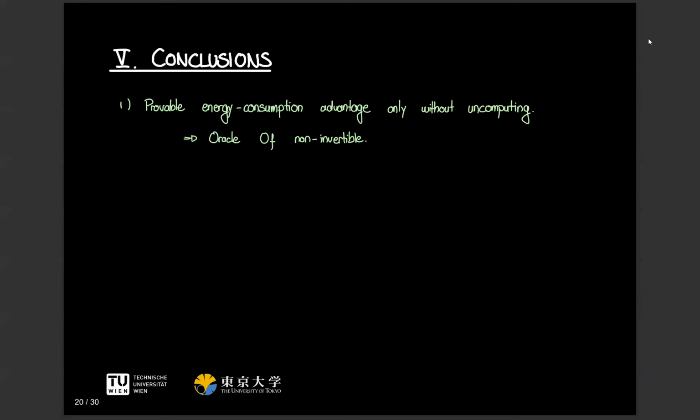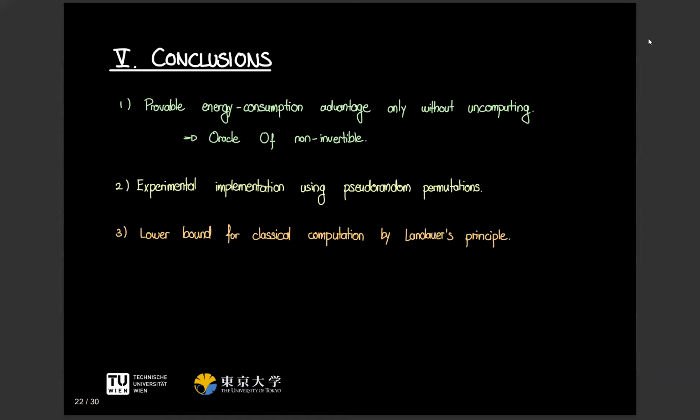And the solution was introducing an oracle for finding settings where some operations are not invertible. Here we could use the cryptographic primitives implementing pseudo-random permutations, which are computationally hard to invert, and therefore Bennett's uncomputing scheme doesn't go through.